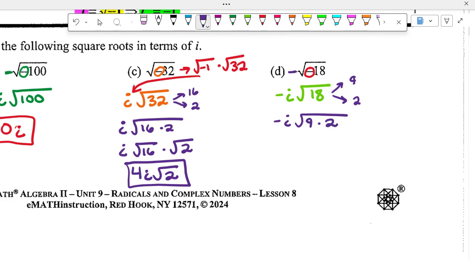What do I do next, Riley M? Good. What do I do next, Luke? Which is 3. So I have negative 3i square root 2.